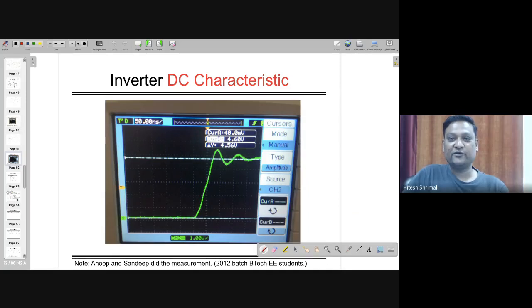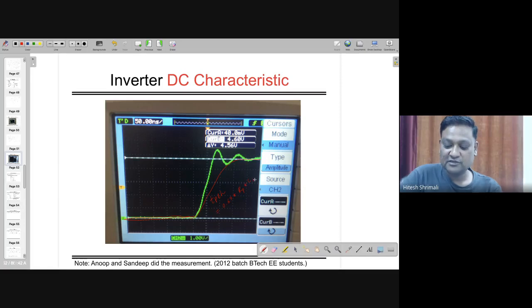Now that was only one thing, but if you look at the travel from logic 0 to logic 1, when we drew it in our notebook with the Elmore delay, I was saying that going from 0 to 1 means this is TPLH, and it's equal to 0.69 RP times CL.